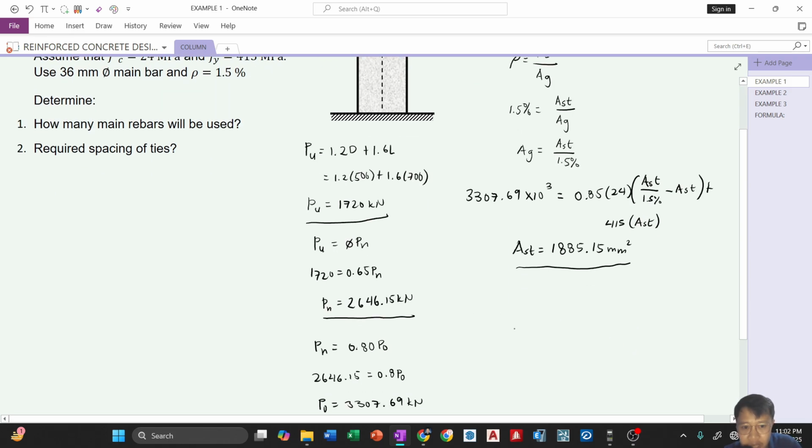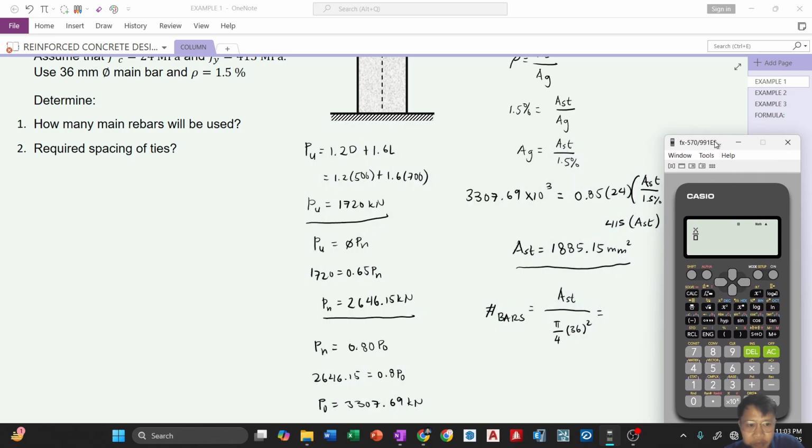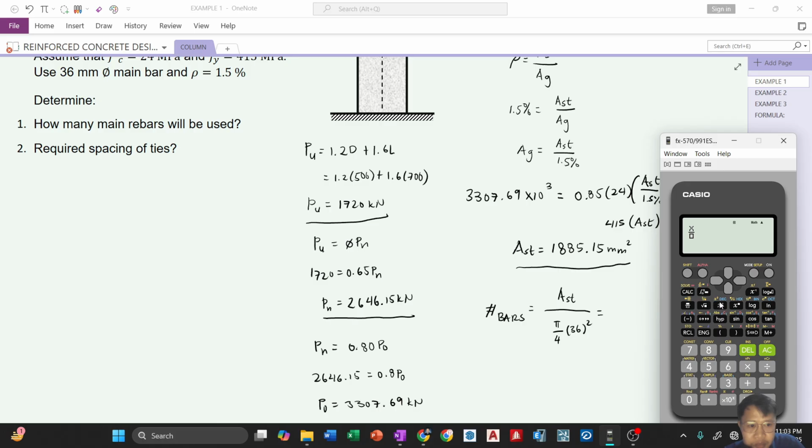Now, to solve for the number of bars, okay? Number of bars is equal to this area divided by the area of 1 36 mm rebar, and that is equal to pi over 4 36 square. Okay? So we solve. Ito yung na-solve natin na x. Divide this by pi over 4.